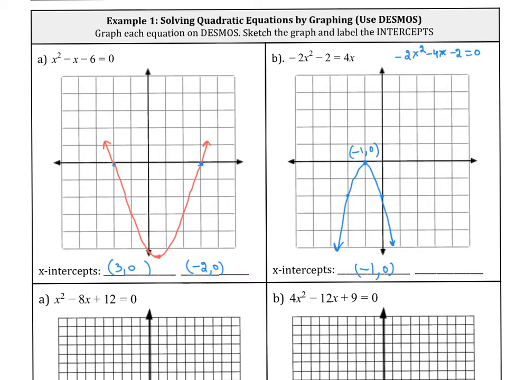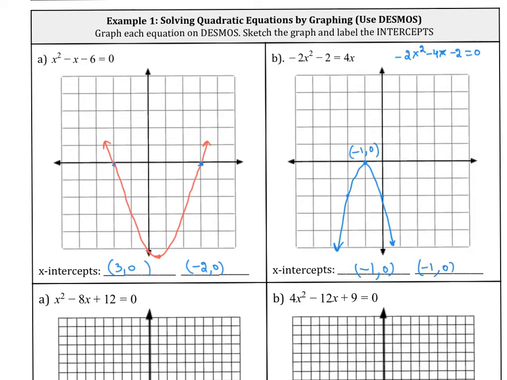Anytime from the graph, if the graph touches the x-axis and comes back, it means that is a repeating x-intercept or repeating root. It means that the same number will be listed twice as a solution. So -1 comma 0 and -1 comma 0.